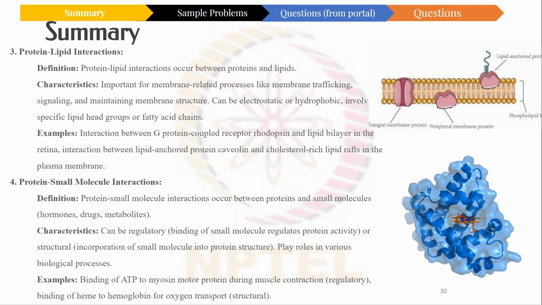Then we have protein-small molecule interactions, whose other name is protein-ligand interactions, wherein one tries to understand the physical contacts between proteins and small molecules, which play roles in regulating protein function, cellular signaling, and others.